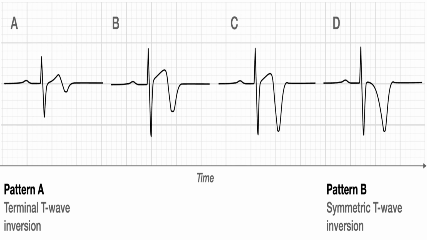Approximately 25% of cases of Wellens syndrome show a biphasic T wave, and in 75% of cases we see a deep inverted T wave, right? So in pattern B, we see a symmetrical, deep, inverted T wave. So this is a classical sign.